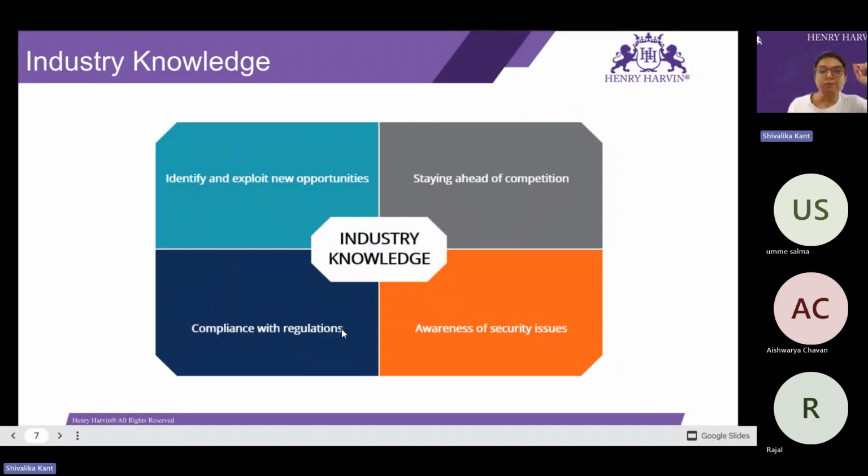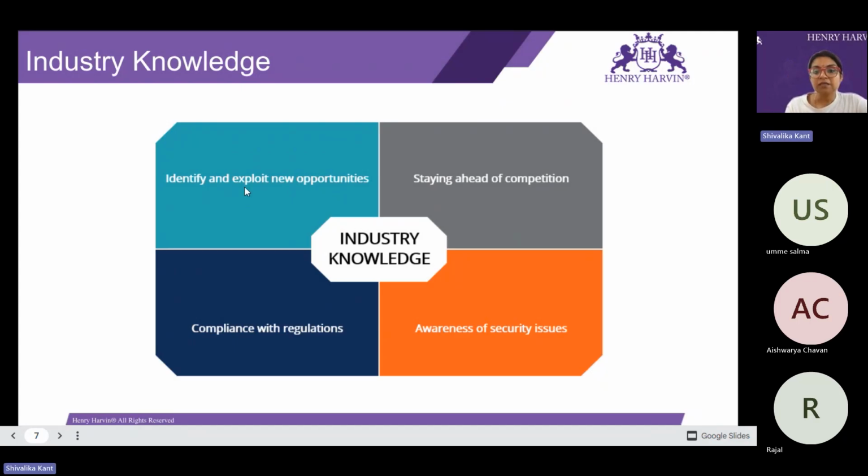This aspect emphasizes the ability to spot emerging trends, innovations, and market demands in the industry. Professionals with strong industry knowledge can recognize gaps or unmet needs, or create strategies, products or services to fill them. This helps drive growth, innovation, and competitive advantage.